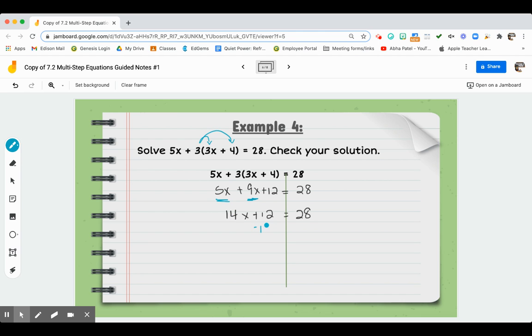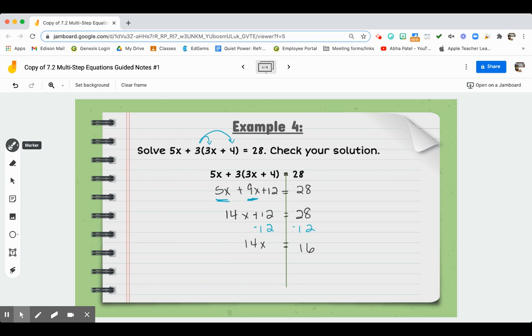So subtract 12 from both sides, and you're going to get 14x is equal to 16. This is a decimal, but that's okay.